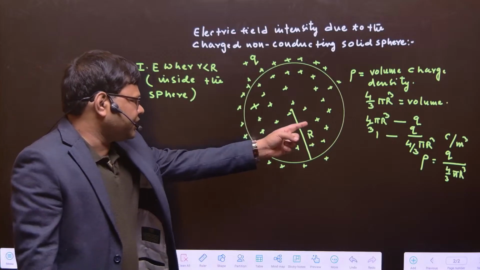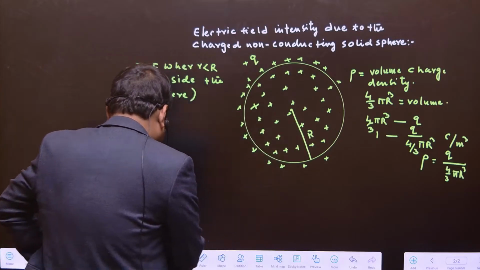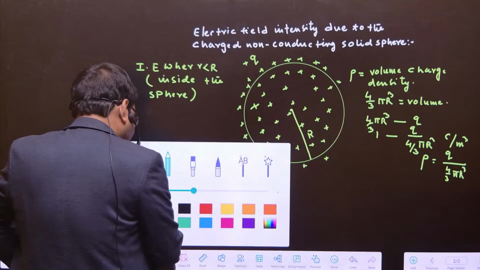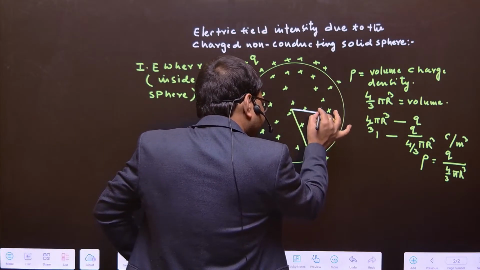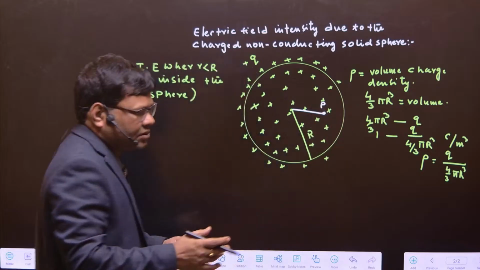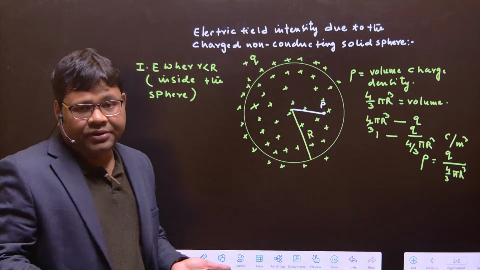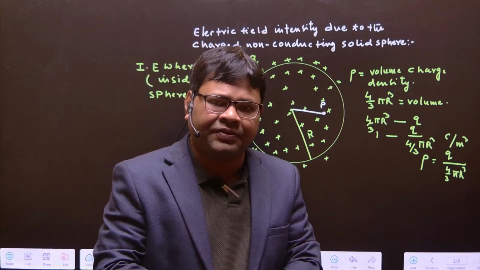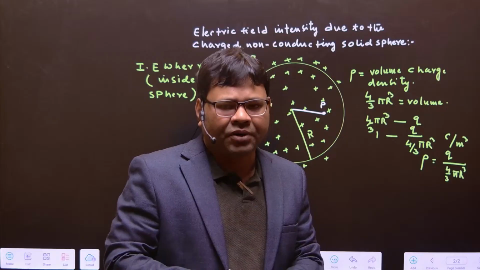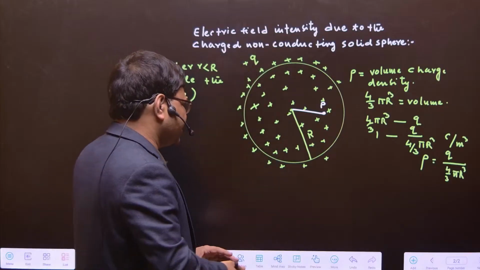But we are going to find the electric field intensity here, for r less than R. Assume at point P we are going to find the electric field intensity. What have I told many times? At whichever point we have to find the electric field intensity, taking that point, draw the Gaussian surface.